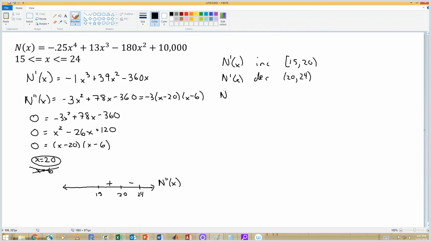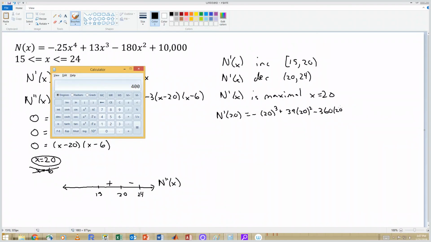And N prime of x, the rate of change, is maximal when x equals 20. And if I plug 20 into the first derivative, I get N prime of 20 is equal to negative 20 cubed plus 39 times 20 squared minus 360 times 20.